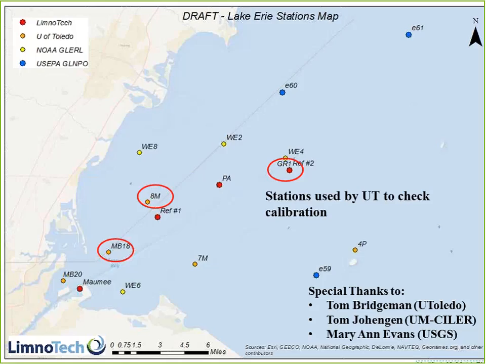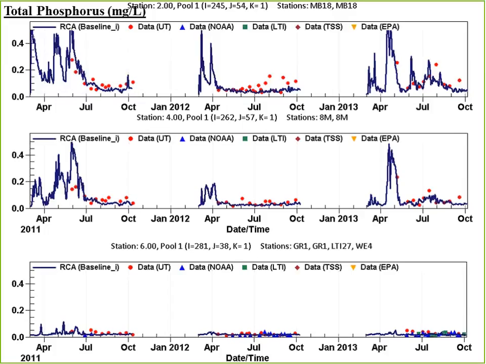So let me show a few calibration plots from the Western Lake Erie model, since this is a modeling talk. Here are 3 stations that were used to check the calibration of the phosphorus model. And the station that's closest to the Maumee River has the highest predicted and actual phosphorus concentrations.